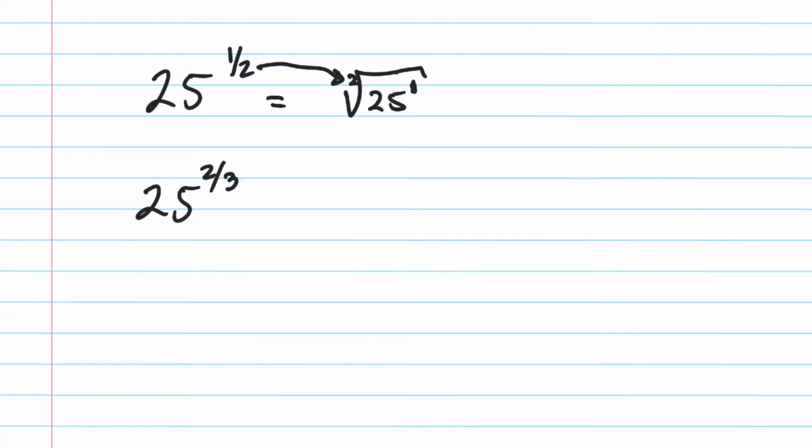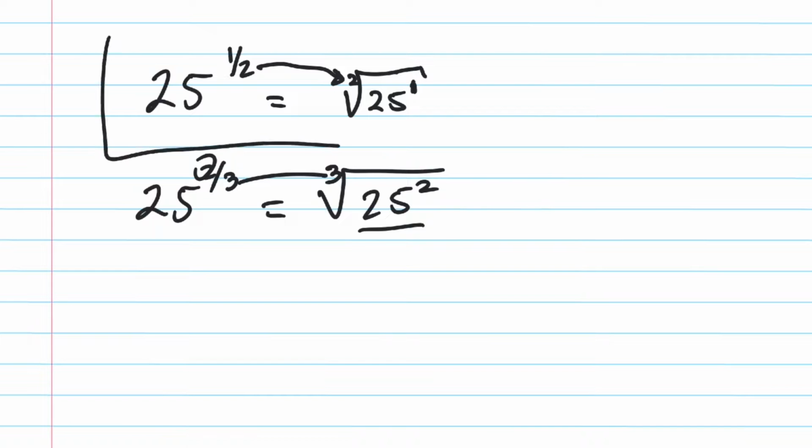So we apply the same principle. The denominator will go to the root, so it's going to be the cubic root of, in this case, 25 to the 2nd power. This 2 stays with the base. So this is just an identity that I want you to become familiar with.